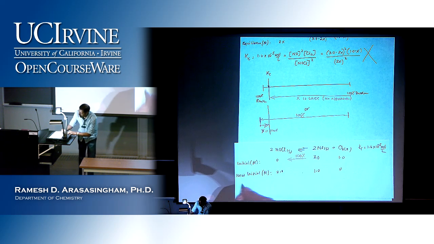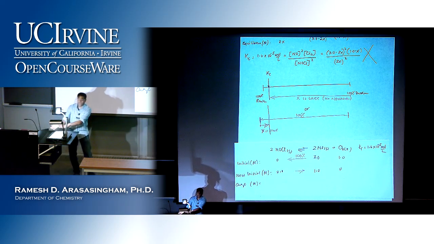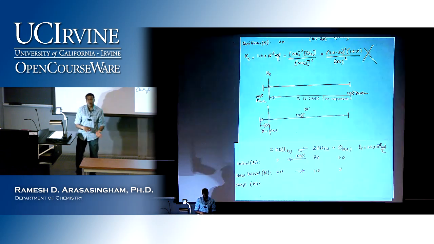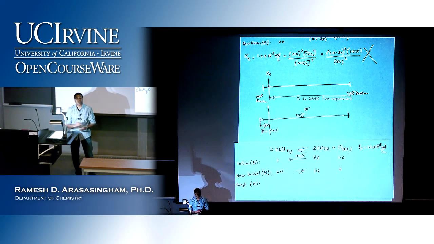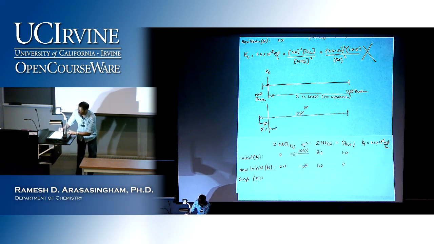All right? So now my change would be, now I'm making the reaction go in the forward direction. Now that I've shifted it all to 100%, in order to establish equilibrium, I know that it has to proceed in the forward direction. If it's proceeding in the forward direction, I know this would be negative 2y. This would be plus 2y.